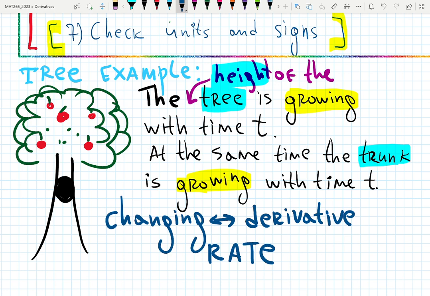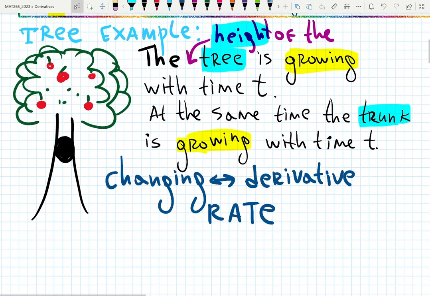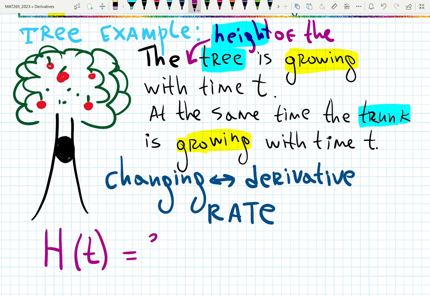So I actually Googled, and in Wikipedia, I found a very random formula of a tree. Height of the tree equals 3/4 times the radius of the trunk of the tree raised to the 1/2.